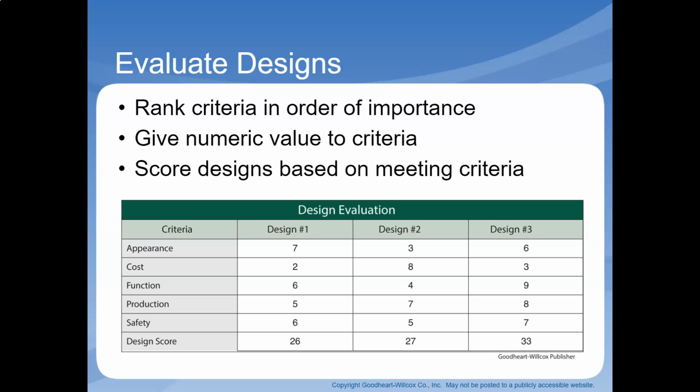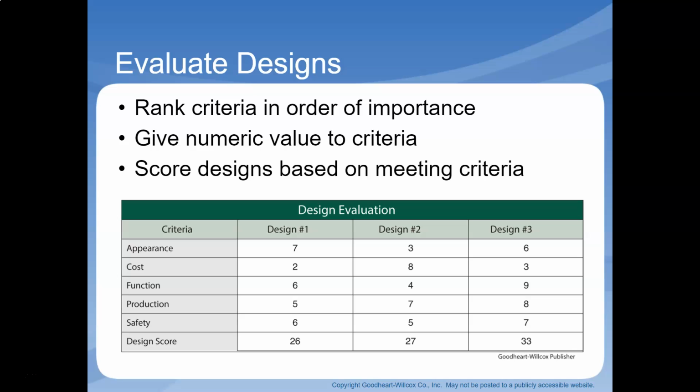They also had their three designs. As you can see, they've rated each criterion on a scale from 1 to 10 individually. For design 1, it shows that it's the best looking one. Then they moved on to cost.